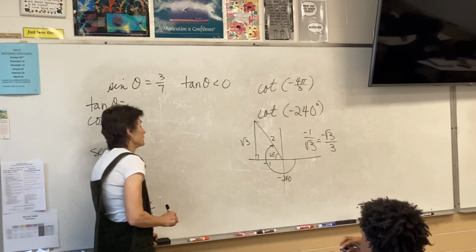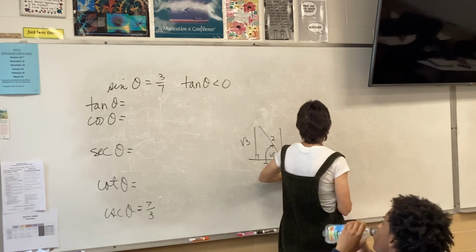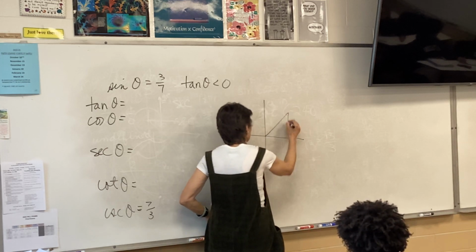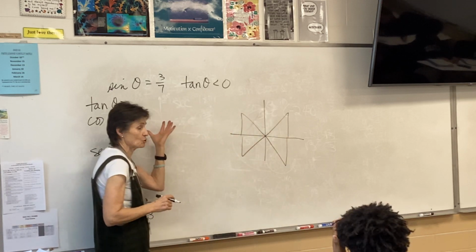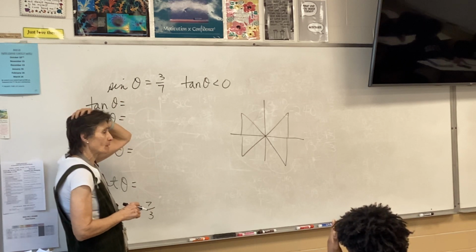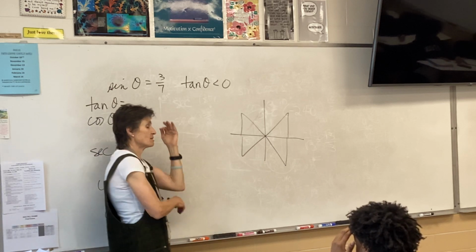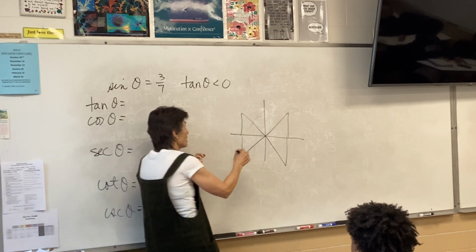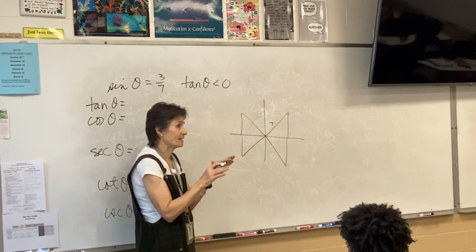Now, you have to think about this. It's very, very easy, but it's like a puzzle. There are 4 different triangles that we could draw to describe any given situation if we have one of the functions given. In this particular case, the sine has to be positive 3/7. We know that the hypotenuse or the radius will never be negative.